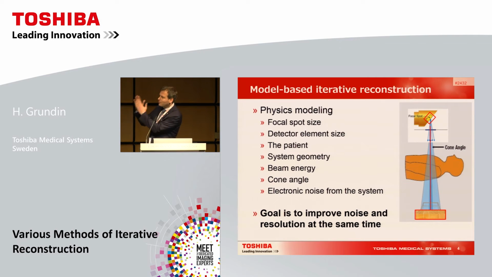You must also model the cone angle, the shape of the beam, and also the electronic noise from the system, which becomes even more important now when we do low-dose scanning. And the goal of all this modeling is, of course, to decrease noise and at the same time have no decrease in resolution. So you want to maintain your spatial resolution and at the same time decrease noise.